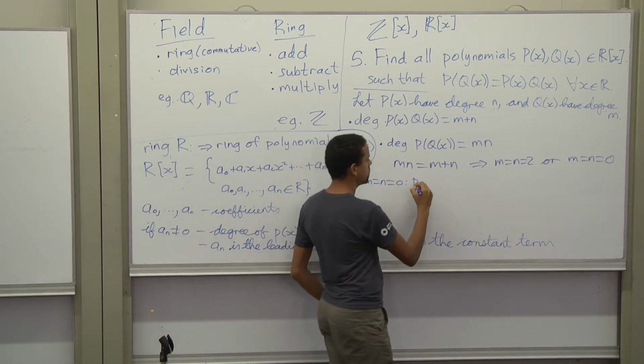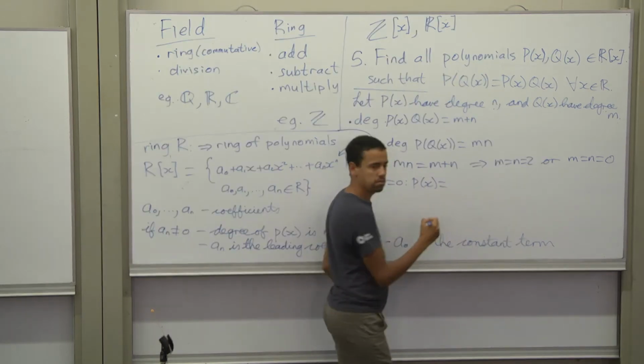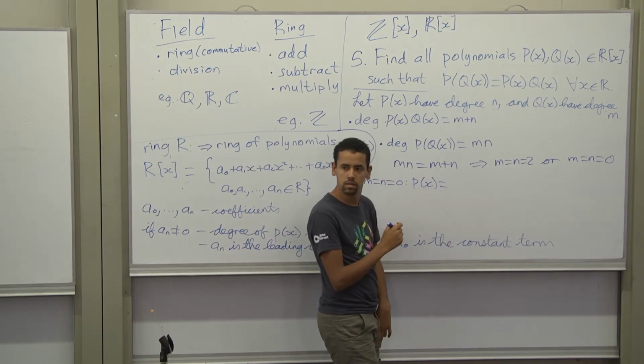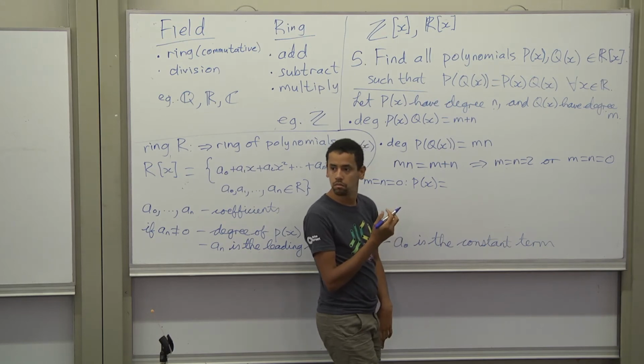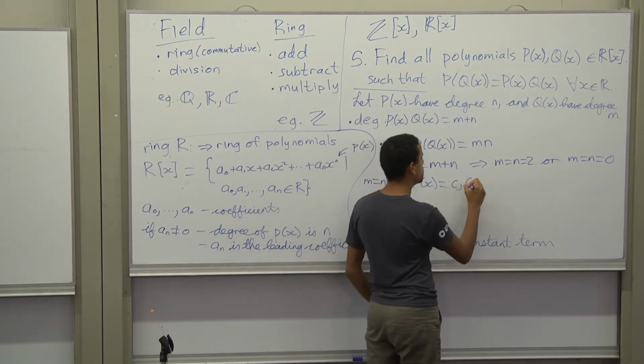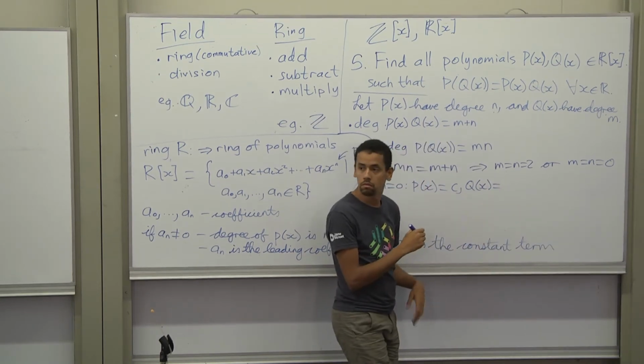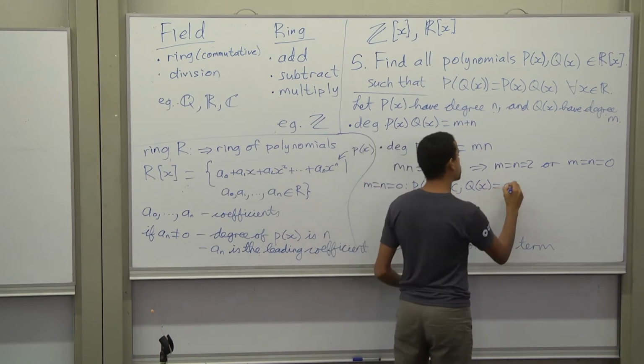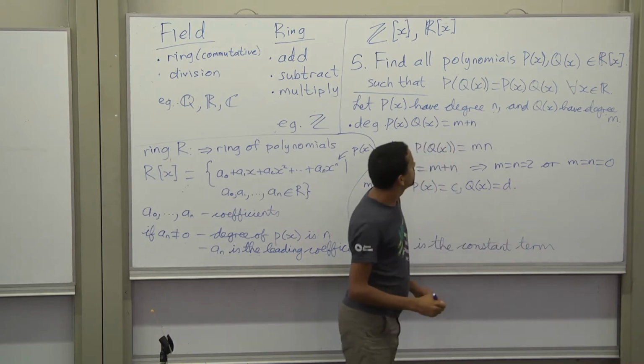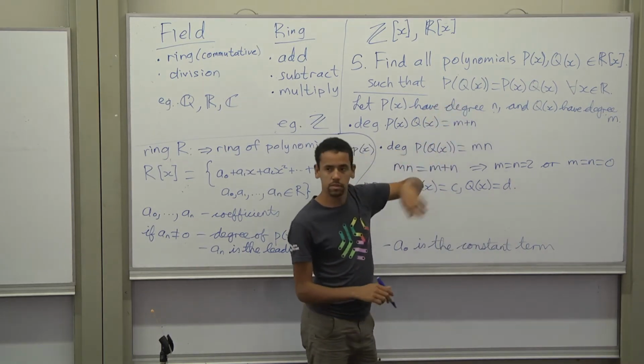So p of x would just be some constant. Give me a letter. C. Q of x would be some other constant, which is d. Okay. Then what would p of q of x be?